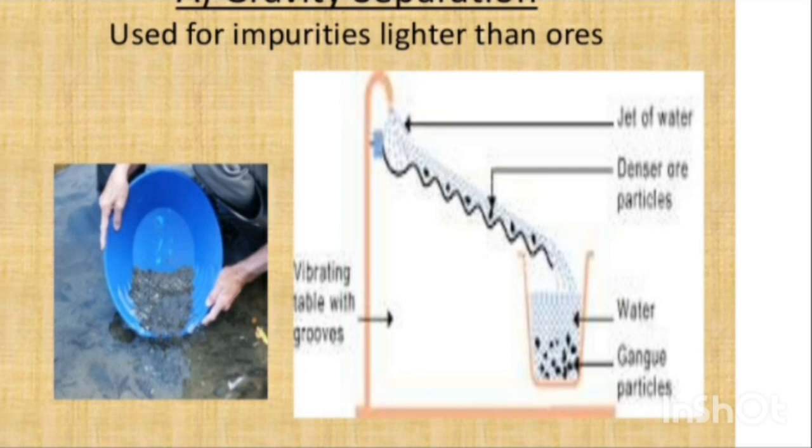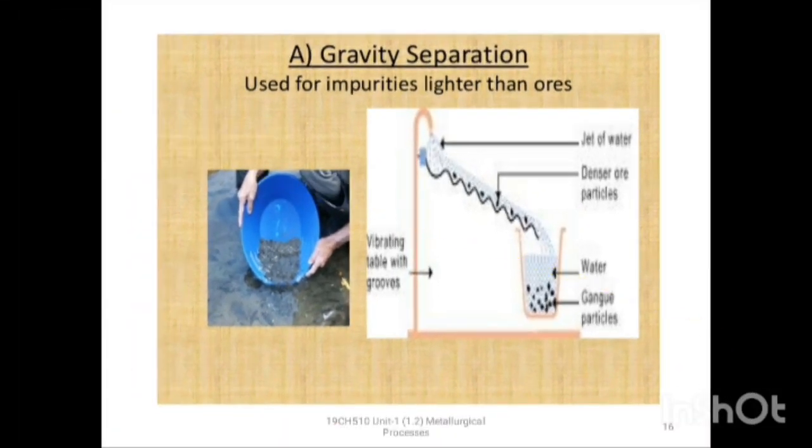This table is a vibrating table. While vibrating, the high weight particles stay in the gaps of the slanting part, and the suspended and lightweight particles come along with the water and are collected as gangue particles.